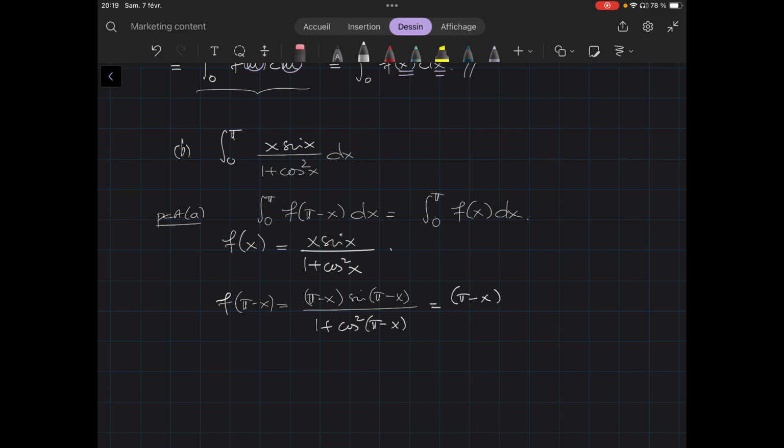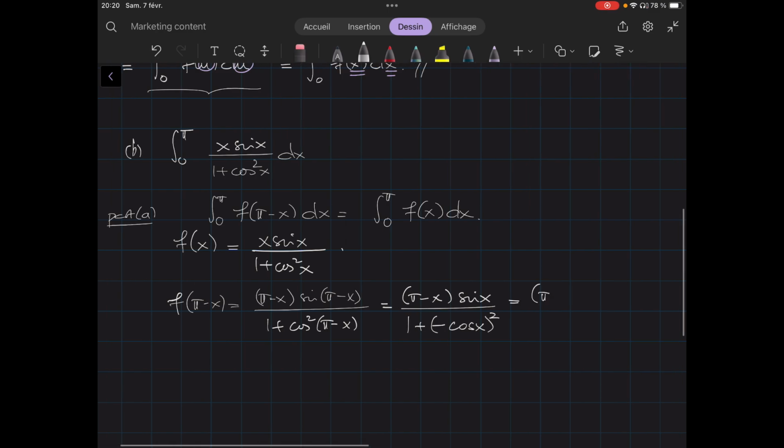Sine of pi minus x is equal to sine of x. Cos of pi minus x is negative cos of x.